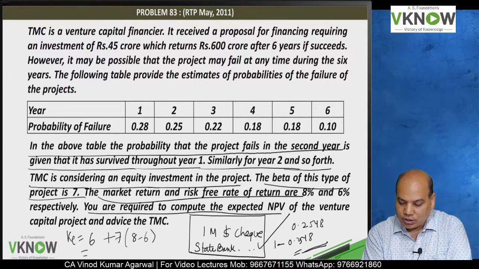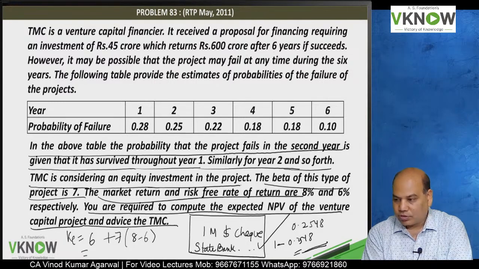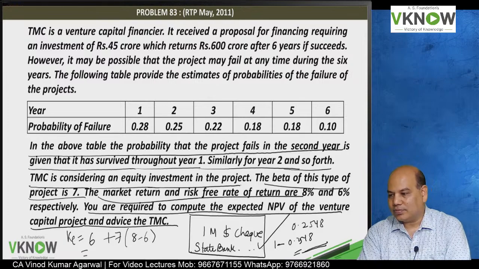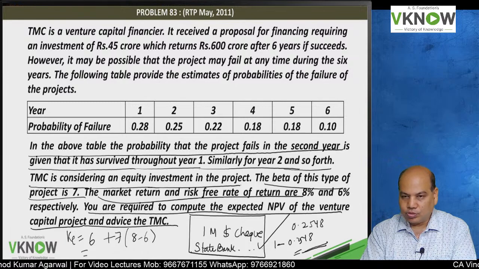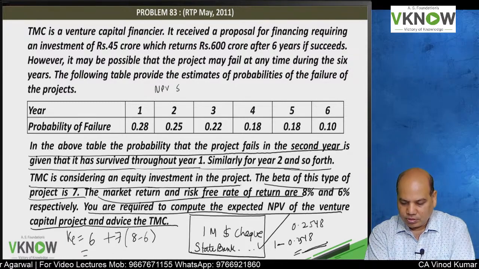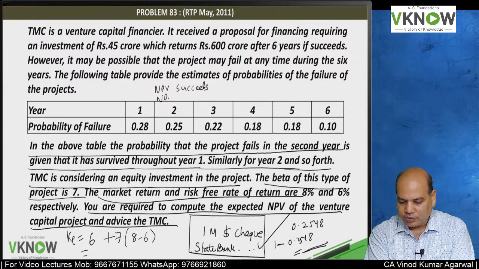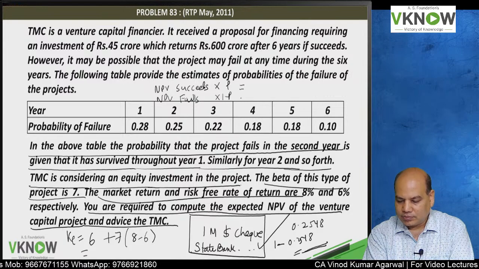You are required to compute the expected NPV of the venture capital project and advise TMC. So basically we have to compute NPV if project succeeds, NPV if project fails, and multiply by their respective probabilities.